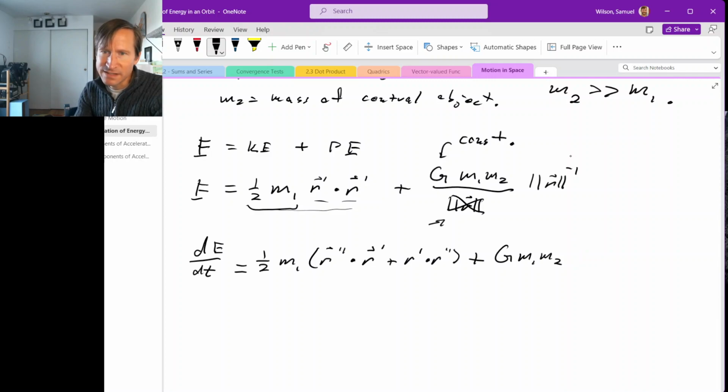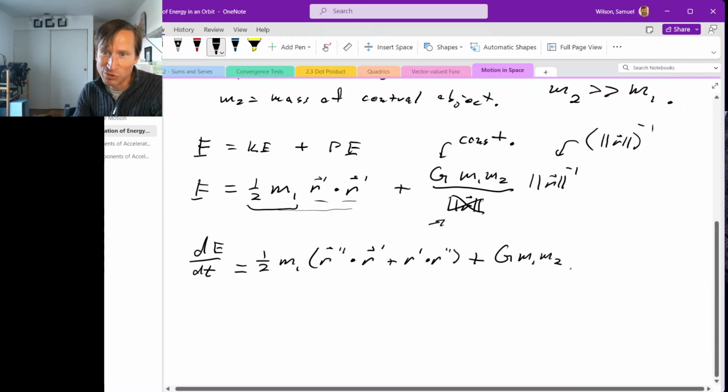And then for this part here, with the magnitude to the minus first, we have to be careful to get the chain rule right. So this is the magnitude of r raised to the minus first power. So we have to do some chain rule. That power comes down and changes to the power minus 2. We've got our vector magnitude in here.